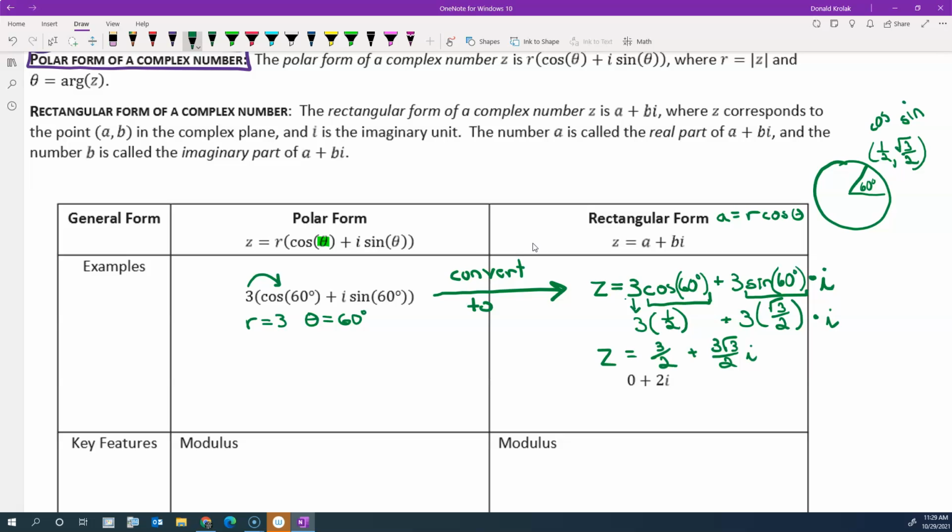These two things are identical. This statement and this statement are the same thing. One's written in rectangular coordinates and the other one's written in polar coordinates.